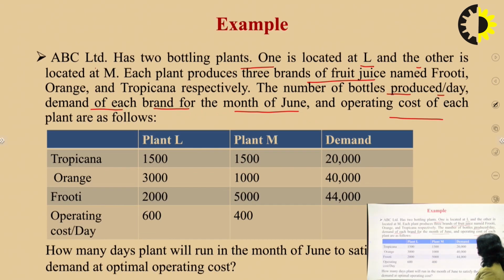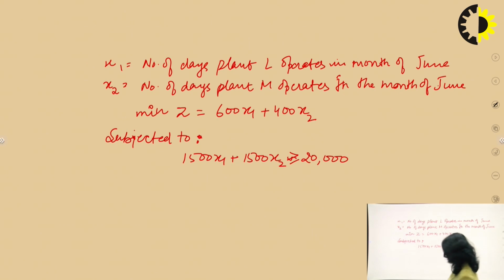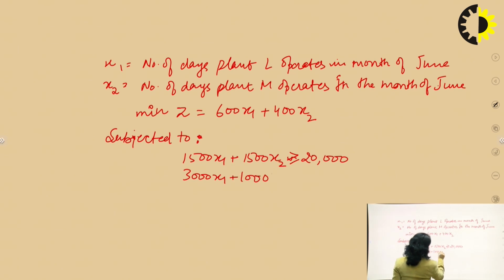Now we will see the second. For orange, it is 3000 x1 plus 1000 x2 greater than or equal to 40,000.